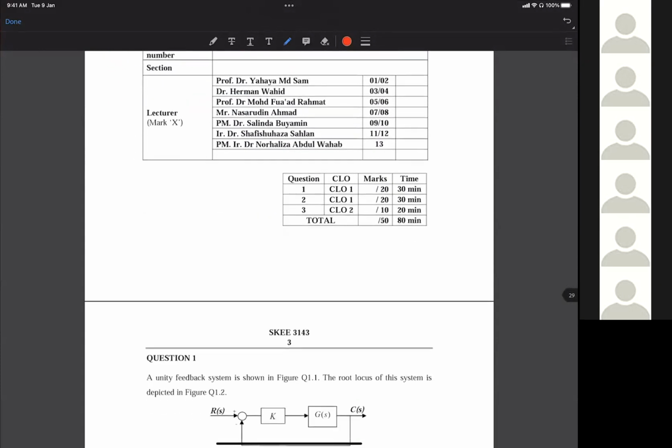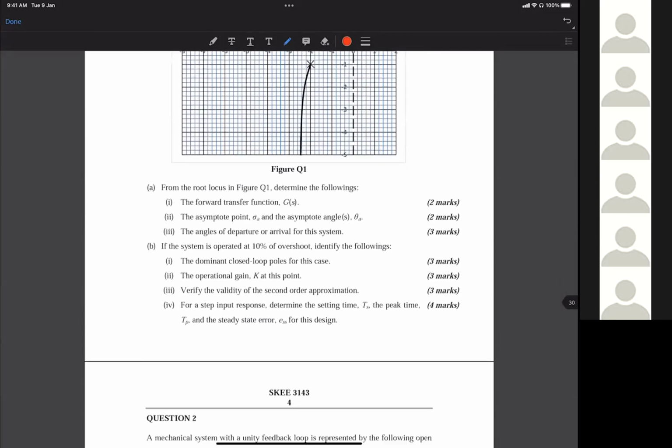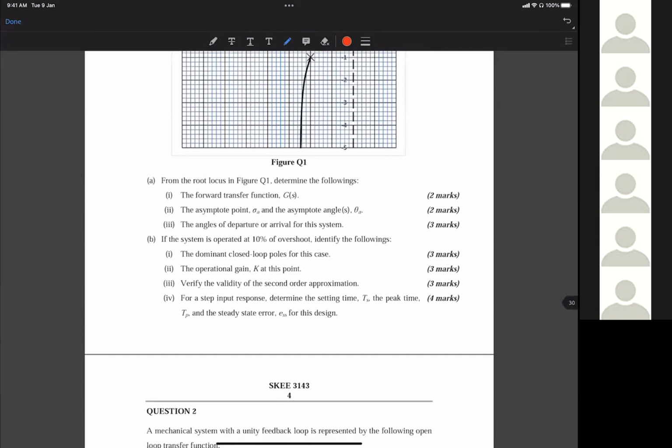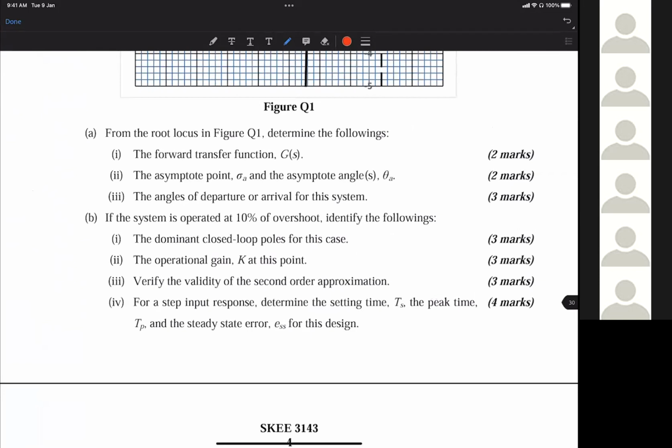Can you read this question, please, Hazika? A unity feedback system is shown in figure Q1.1. The root locus of this system is depicted in figure Q1.2. From the root locus in figure Q1.2, determine the following. First, the forward transfer function. Second, the asymptote point and the asymptote angle.